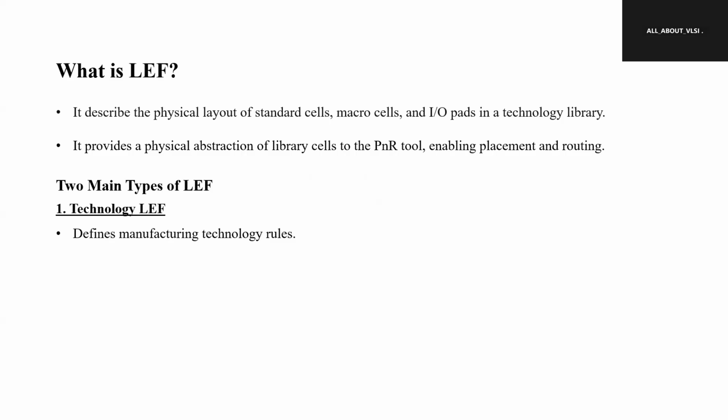So technology LEF contains complete information of layers and wires: what is the color of the layer, what is the width of the layer, what is the pitch between two layers, and what are the dimensions of wires. It includes layers, design rules, wire definitions and metal capacitance, all this information.